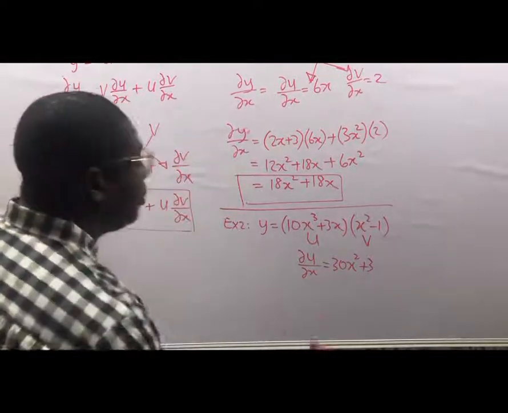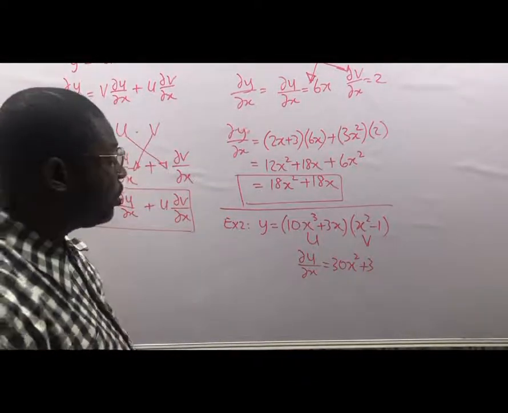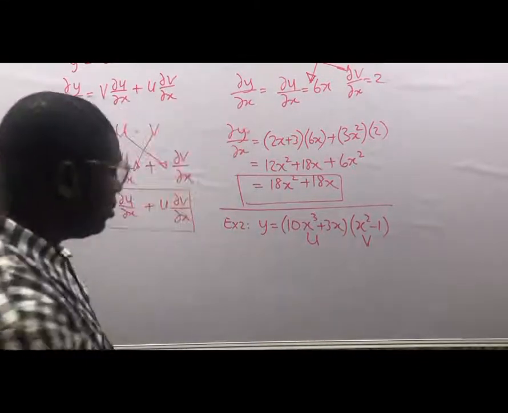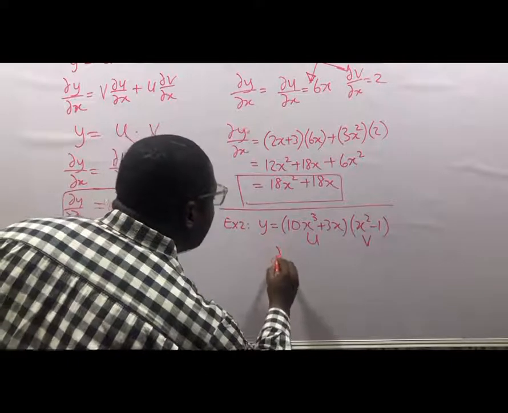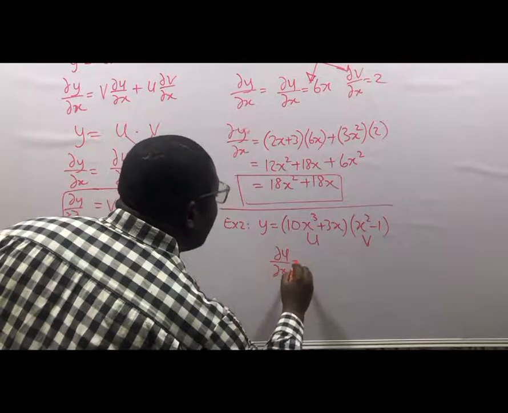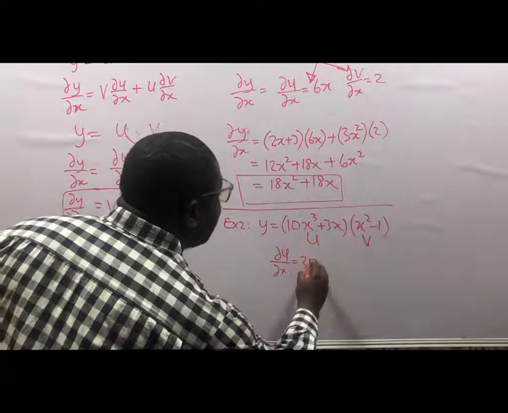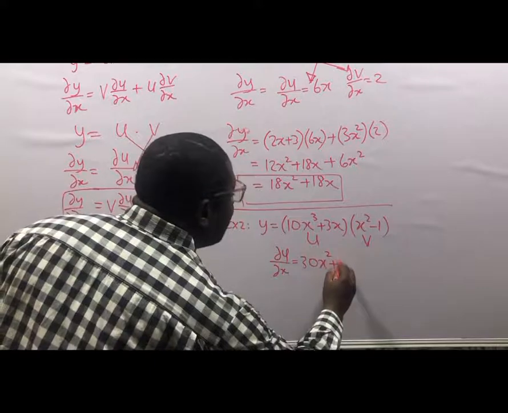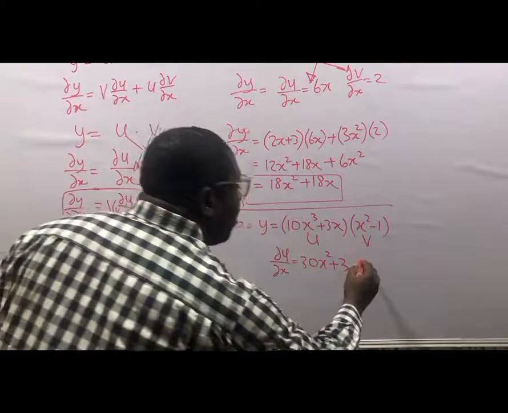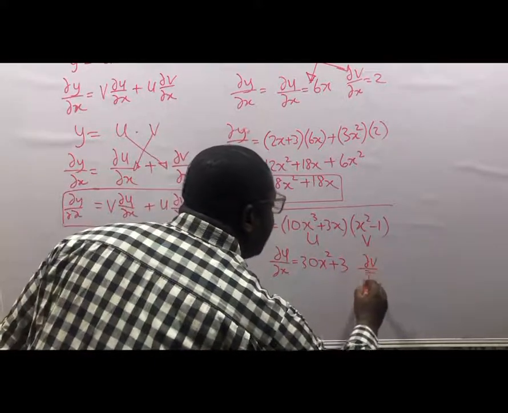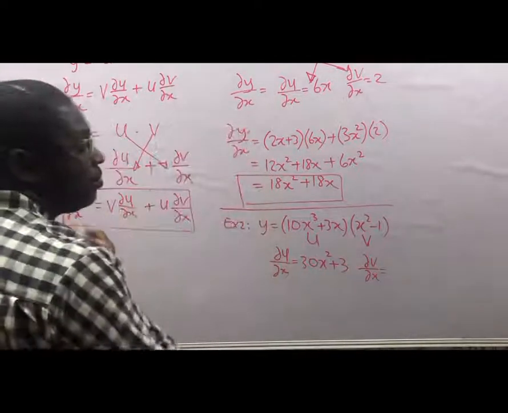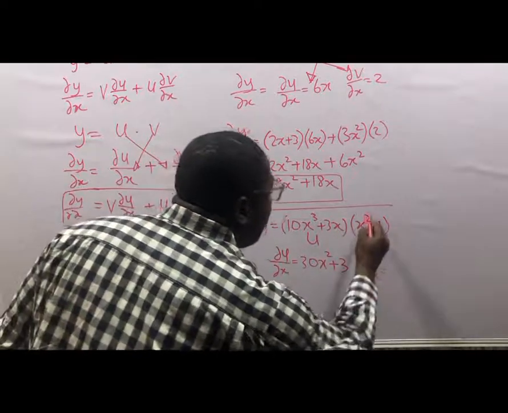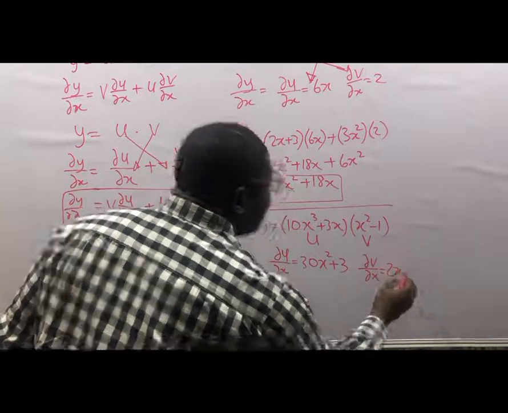Permit me to shift this a little. Here, du dx will be 30x raised to the power 2 plus 3. Now, dv dx will be 2x.